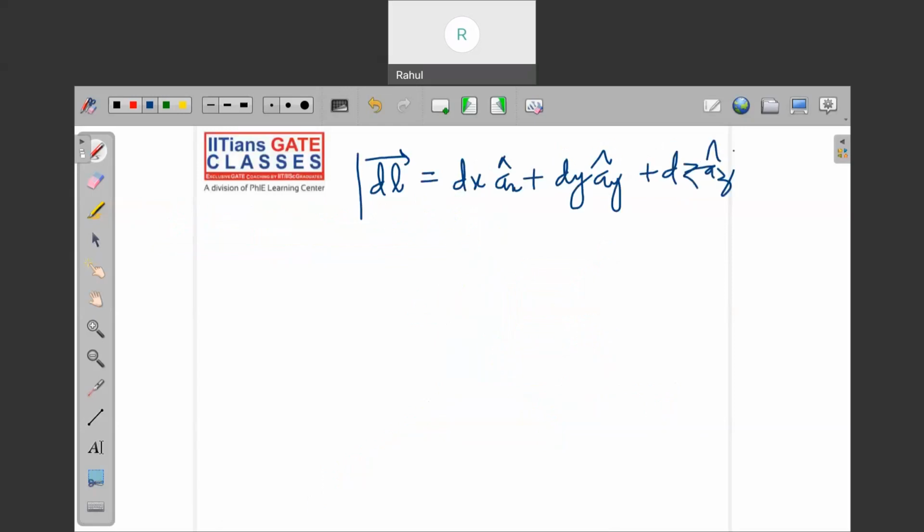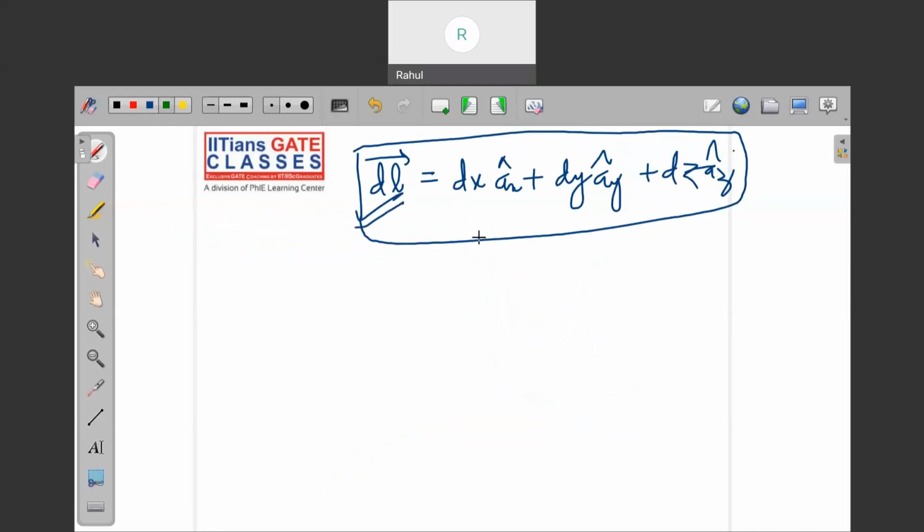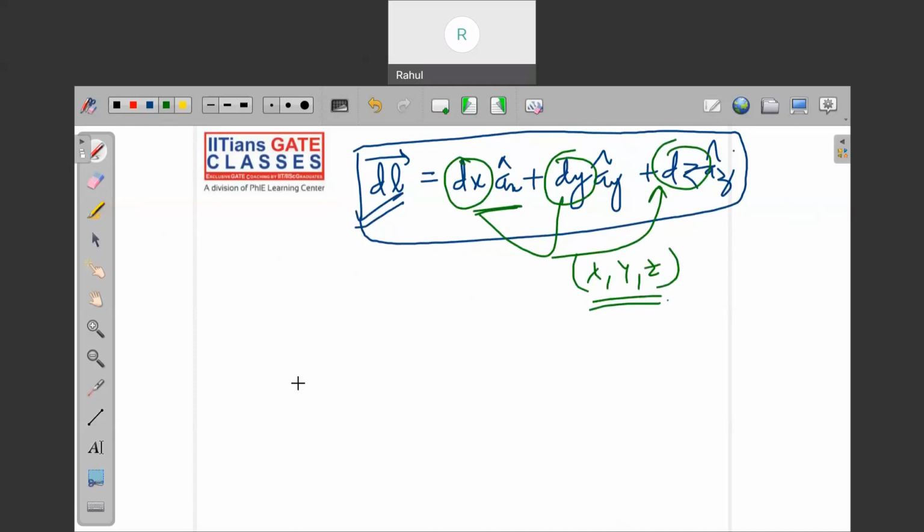So this is going to be our differential length for the Cartesian coordinate system. Remember always the differential length for the Cartesian coordinate system: you have got dx in the direction of x, dy, and dz. So these are the differential lengths corresponding to x, y, and z.